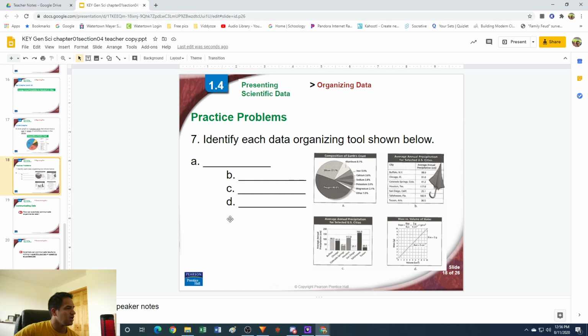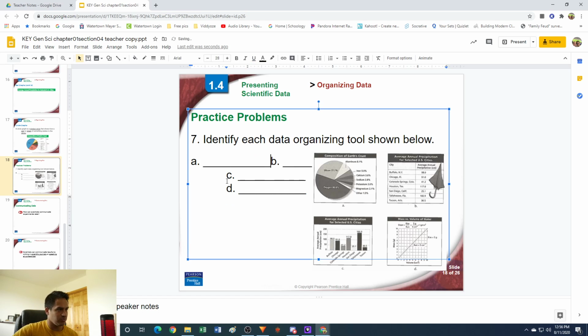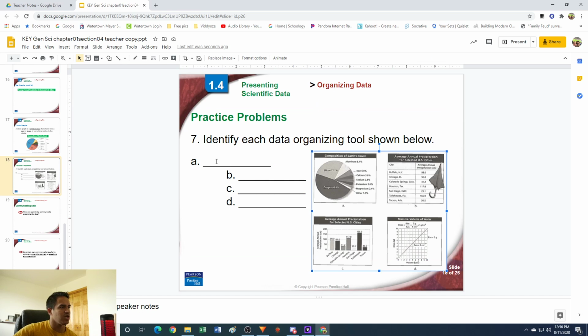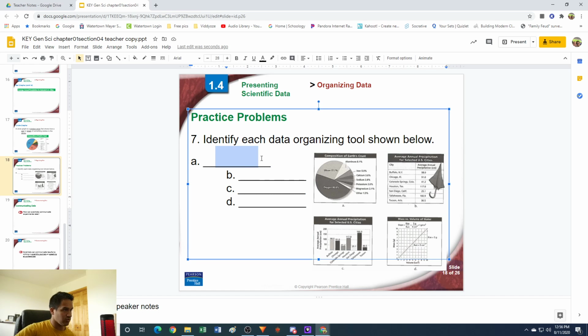All right. Number 7, identify each data organization tool shown below. So they basically just want us to put down what type of graph each one is. So A, which is this one in the upper left, that would be a circle graph.